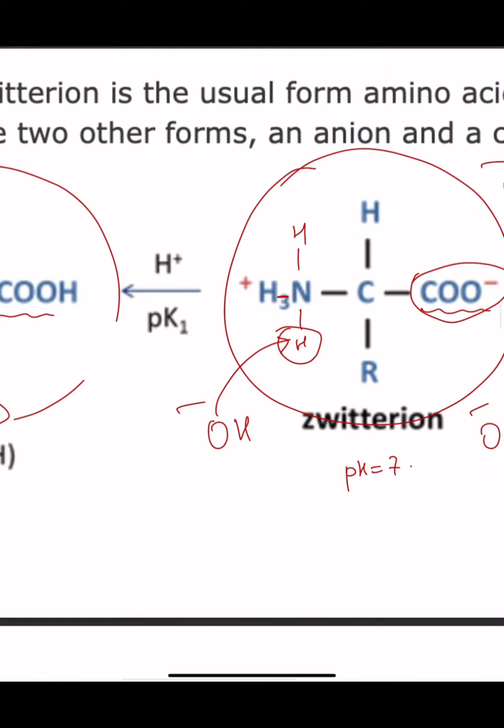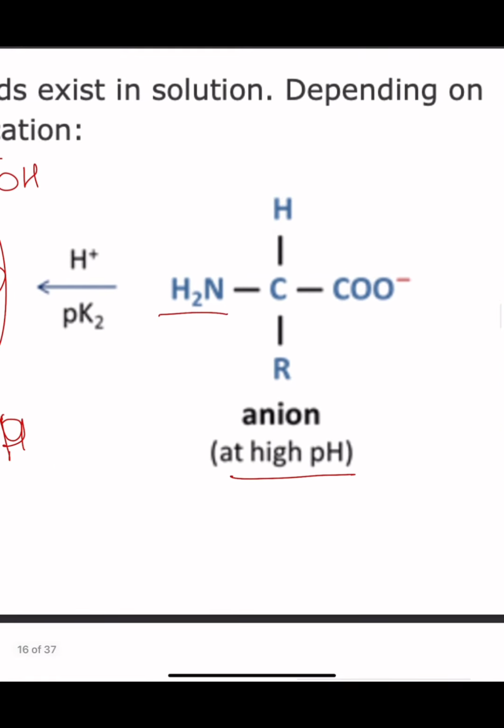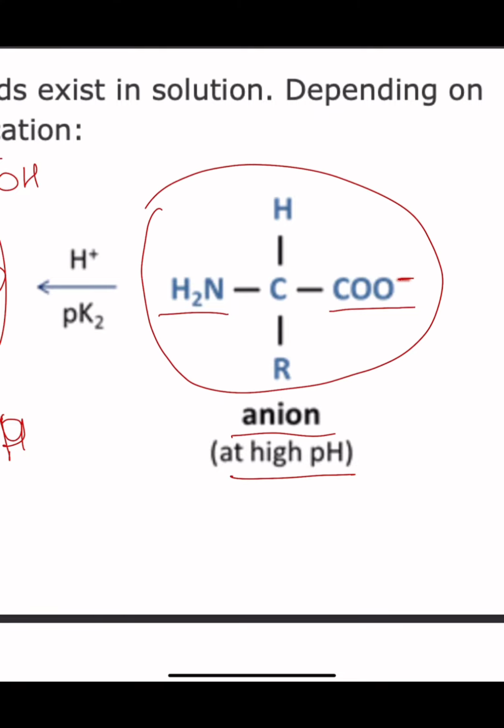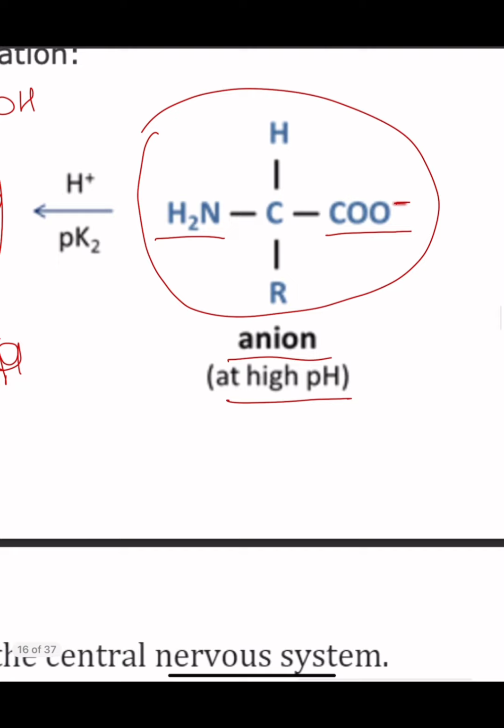Now we have NH2, two hydrogens, and this side is left with the negative charge because he already lost this hydrogen. Now we have an anion, and this will happen when pH is 11, 12, 13, higher than 7. Higher than 7 is going to give you this anion.